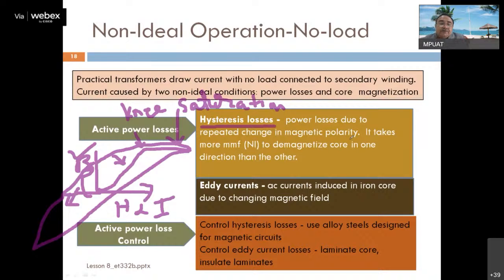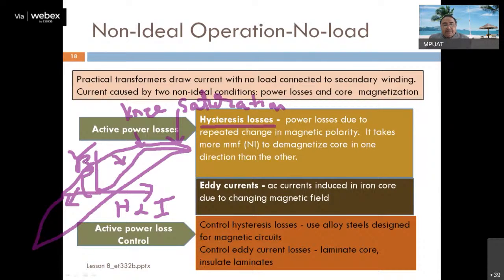Because the current flowing is of which type? AC current. Transformer is based on which type of current? Transformer requires which type of source, AC or DC? AC source. So in AC you have a positive cycle, you also have a negative cycle, you have upward movement, you have downward movement.